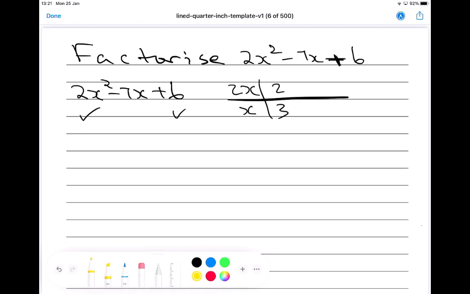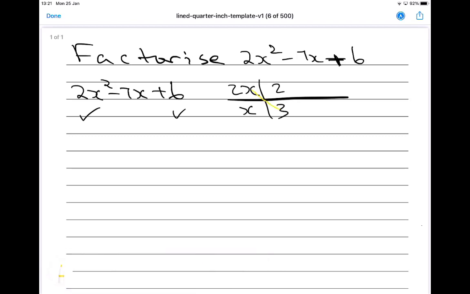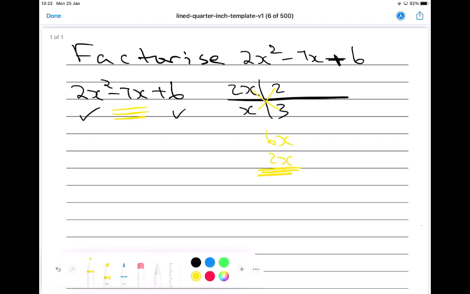If you multiply diagonally, that gives us 6x, and that gives us 2x. But we are trying to get a negative 7. We're actually trying to get a 7 from there. So we need a 7x, but do you think we can combine these numbers and get a 7? If we add, we get 8x. If we minus, we get a 4x. So this is not the right combination.